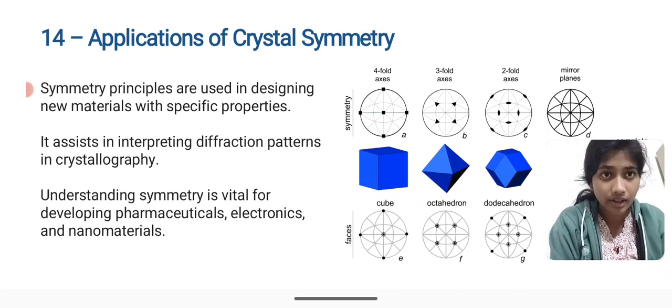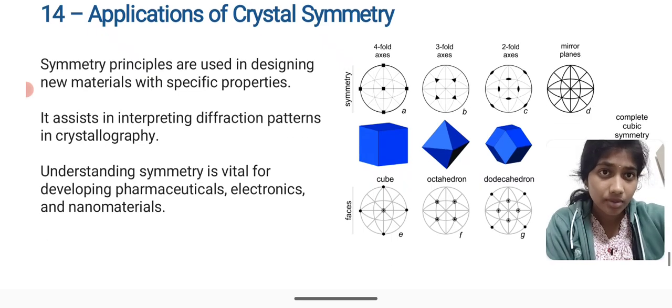Applications of crystal symmetry. Symmetry principles are used in designing new materials with specific properties. This assists in interpreting diffraction patterns.